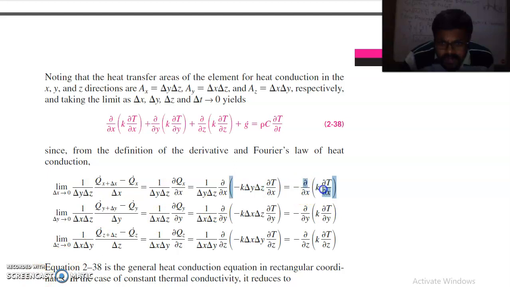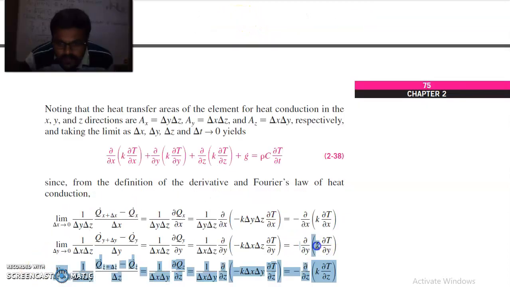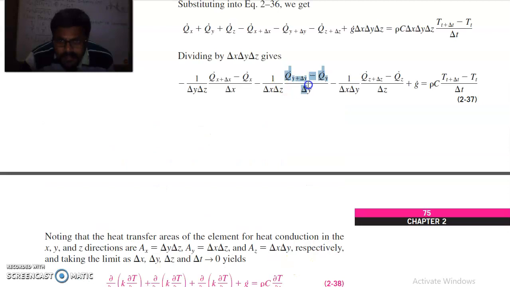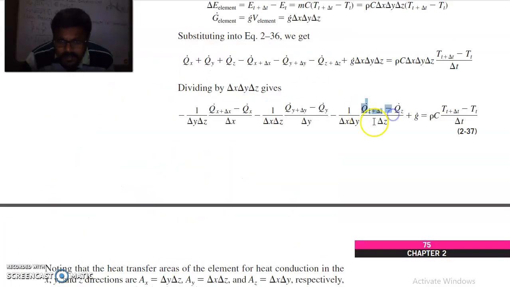So you will get this term here. Now replace this equation here for this element, and the same you can calculate for the other elements. This equation you can replace for y here. This equation you can place here. The energy equation will become this.